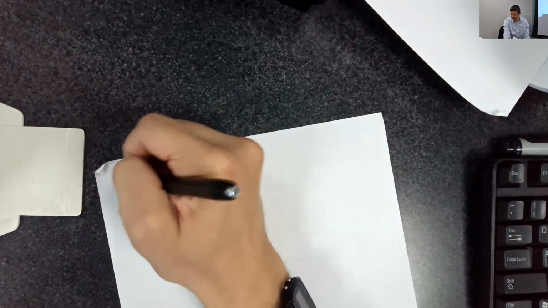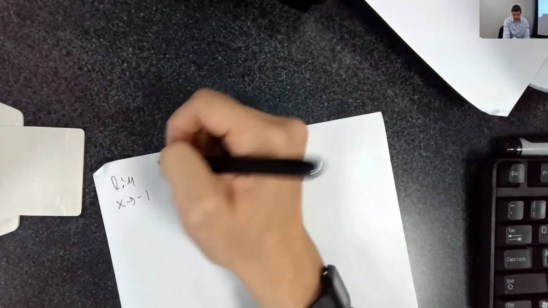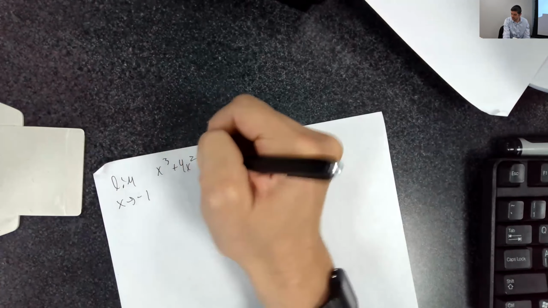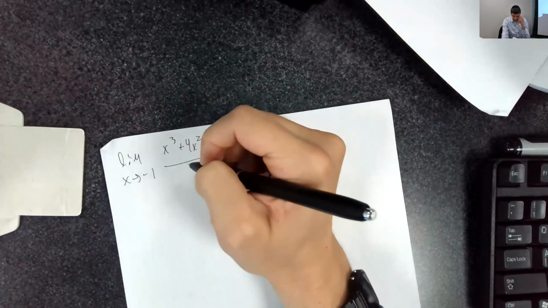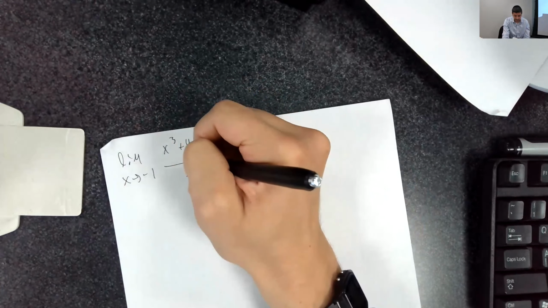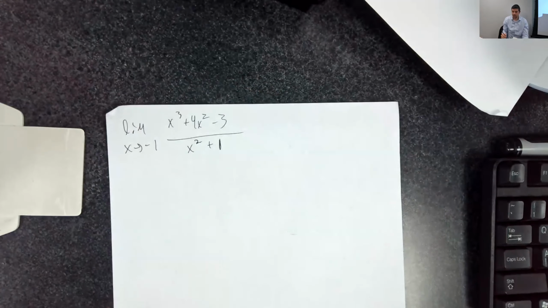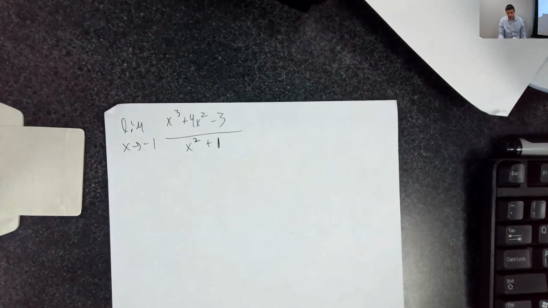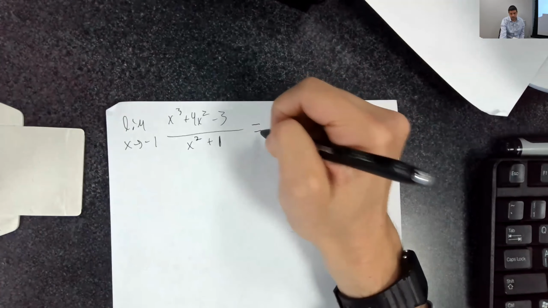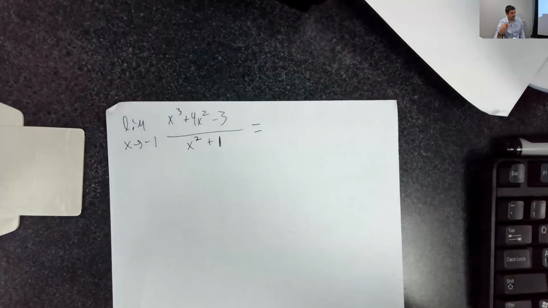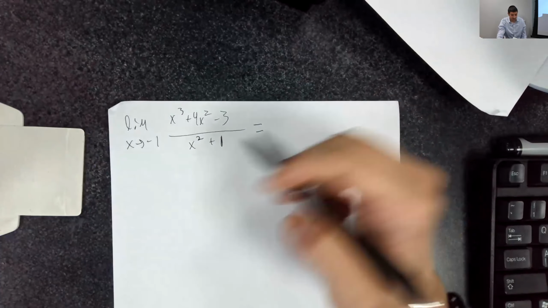Let's try one more. Limit as x goes to -1 of x cubed plus 4x squared minus 3 over x squared plus 1. First thing we do, we just plug it in.